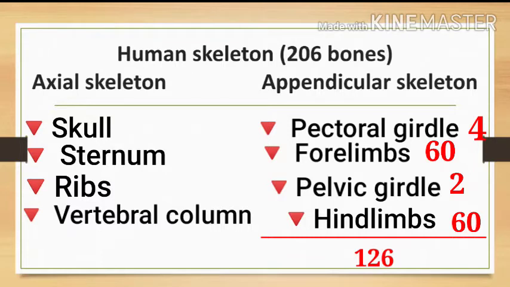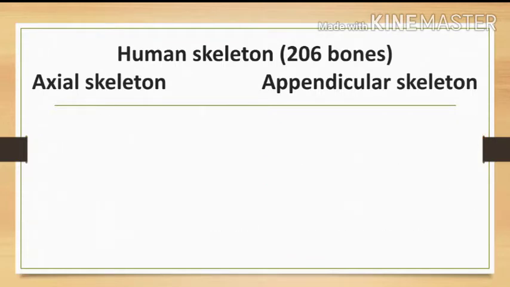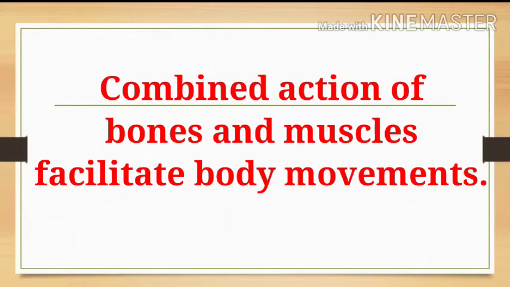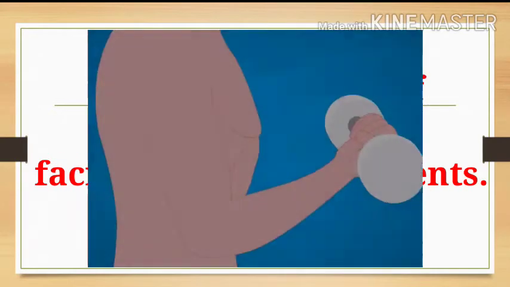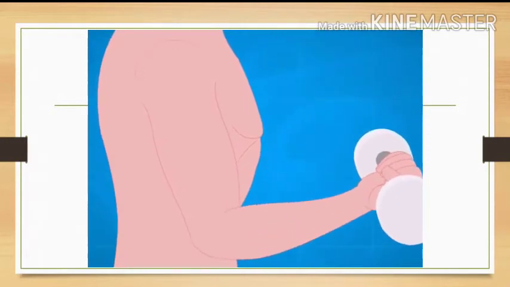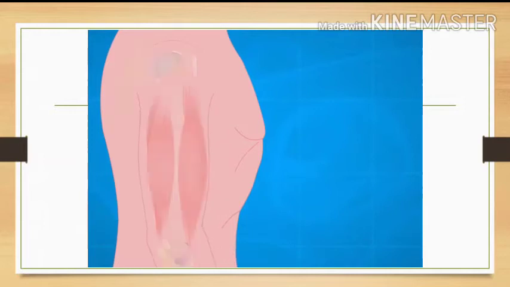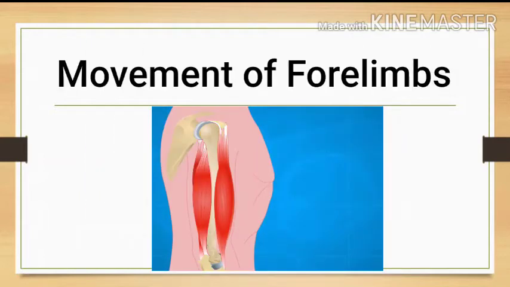Let us examine how the combined action of bones and muscles facilitate a variety of movements. We can easily understand this by observing the movement of muscles and bones of our hands.